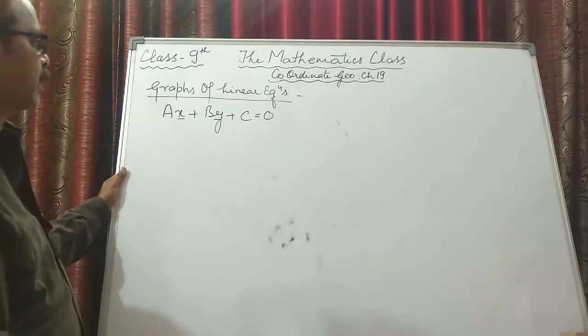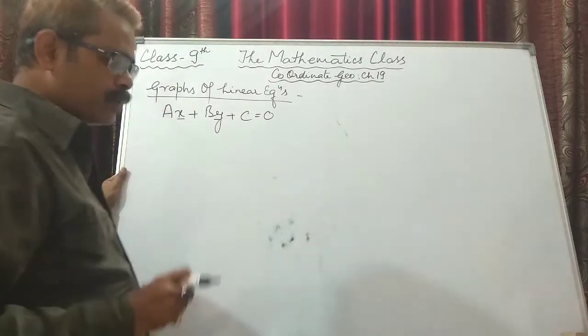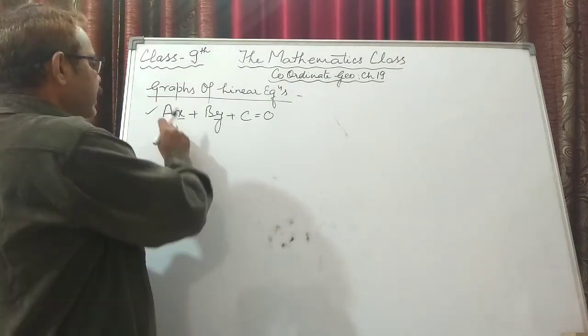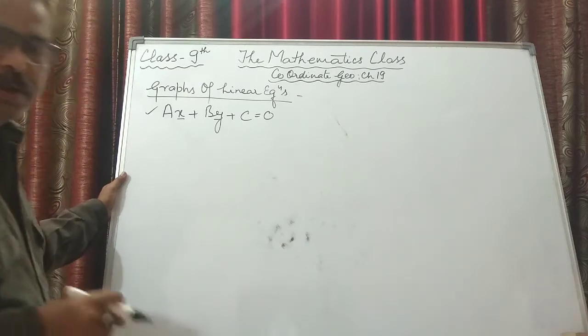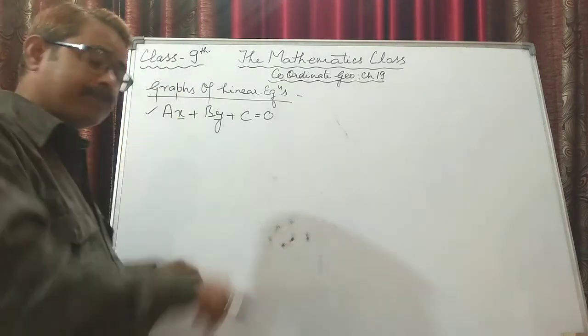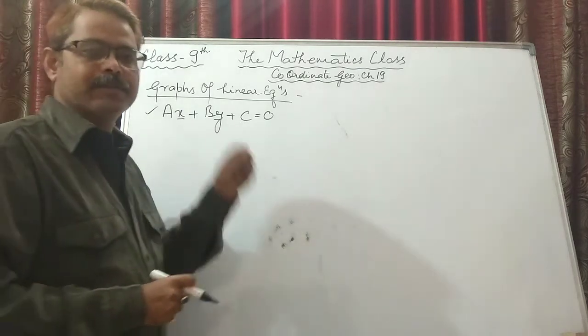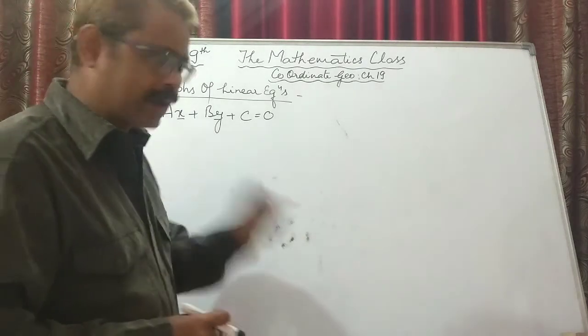Now you need to remember that if any equation like this, a linear equation in two variables, is given and you draw the graph of this equation, it will always come in the form of a straight line.